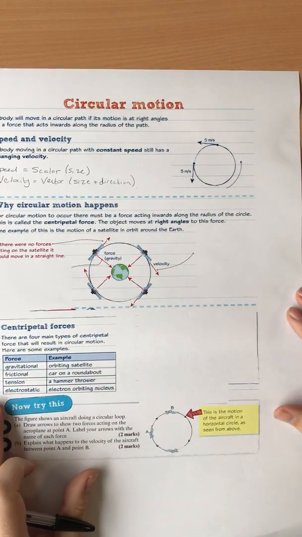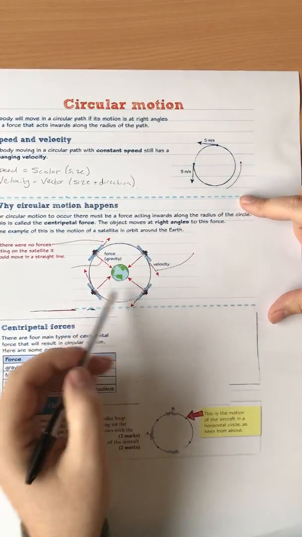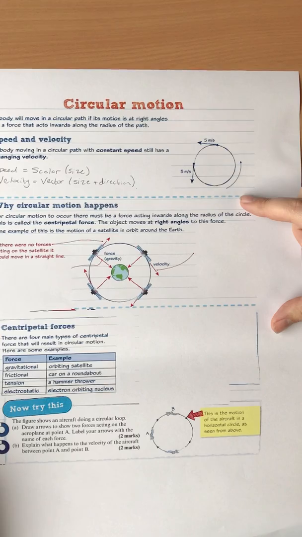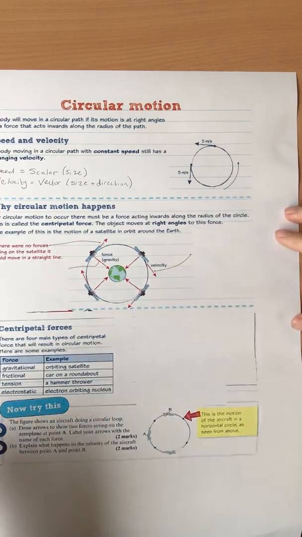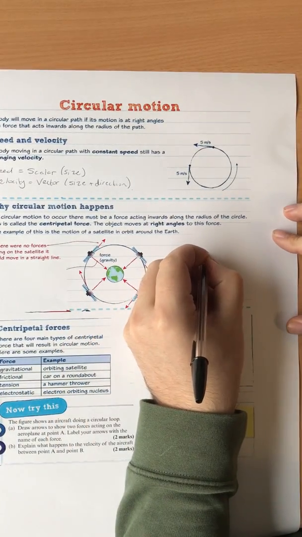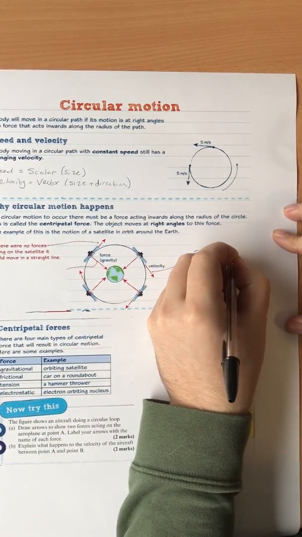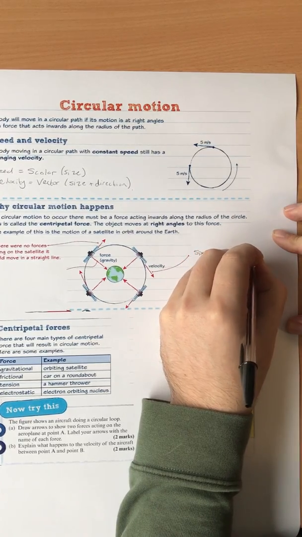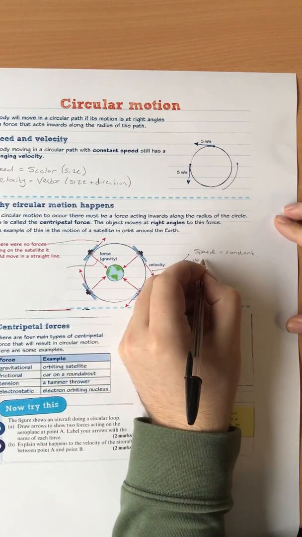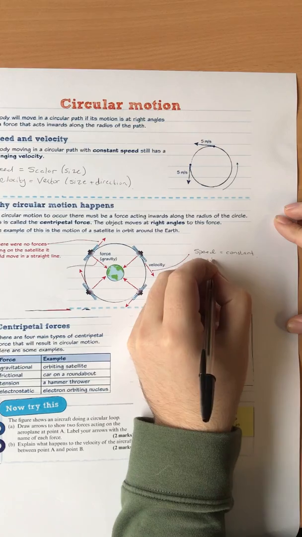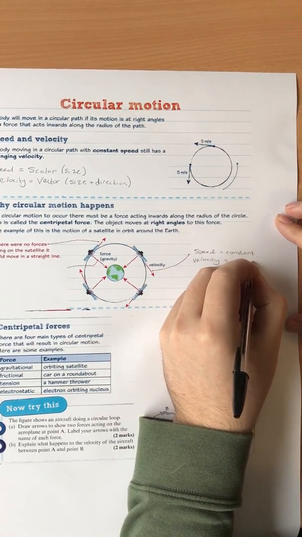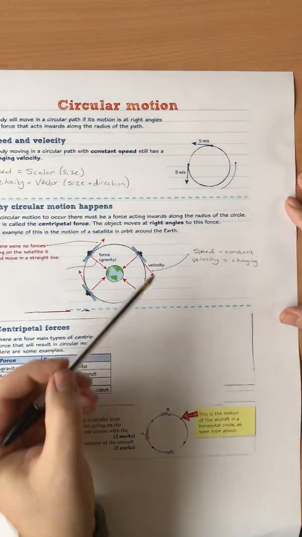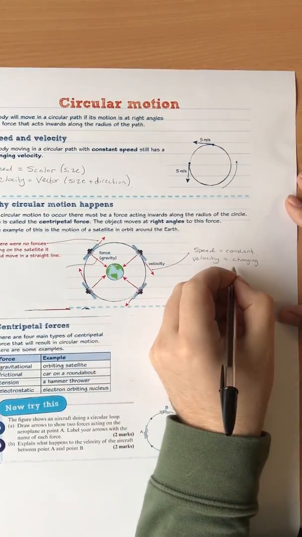Let's look at a real-life example of a satellite orbiting Earth. As this satellite orbits Earth, we can clearly see that the speed of the satellite is constant. However, its velocity is changing for the reasons I've just stated, because its direction is changing.